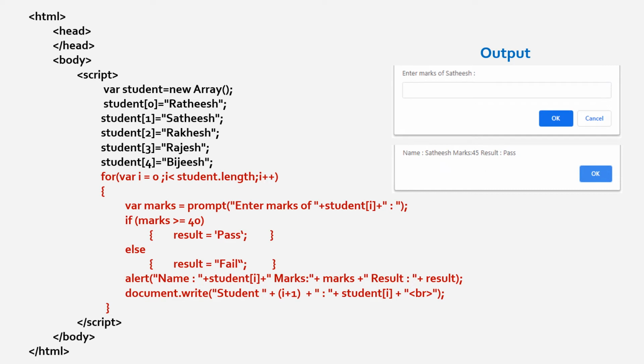Next it is going to check whether the given marks are greater than or equal to 40 or not. If it is greater than 40, the result is assigned as pass. Else, if the marks are less than 40, we need to assign the result as fail. Now we are dealing with only one student.